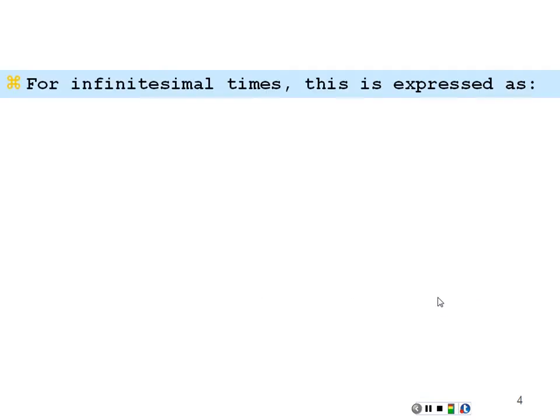For infinitesimal times, we can express this relationship of the back EMF being proportional to the change in current per time as the back EMF equal to negative some constant times the change in current per time, or the derivative of the current with respect to time.